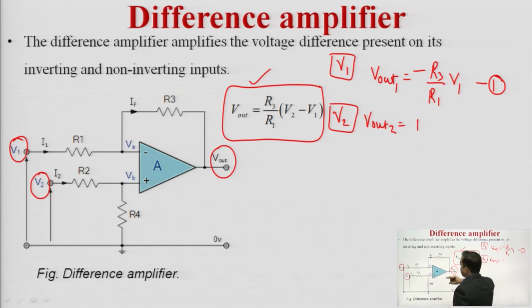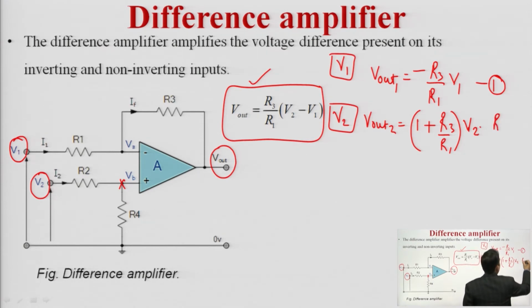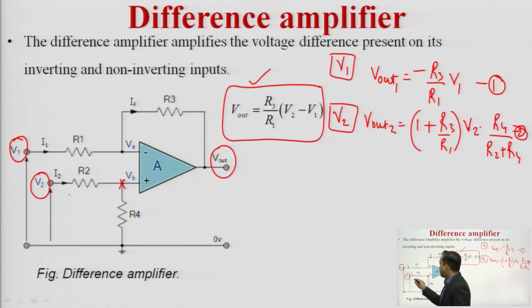For this non-inverting amplifier, we are aware of the result, 1 plus R3 by R1, multiplied by Vin. So what is Vin at this particular point? We have V2 multiplied by R4 divided by R2 plus R4, due to this voltage divider.